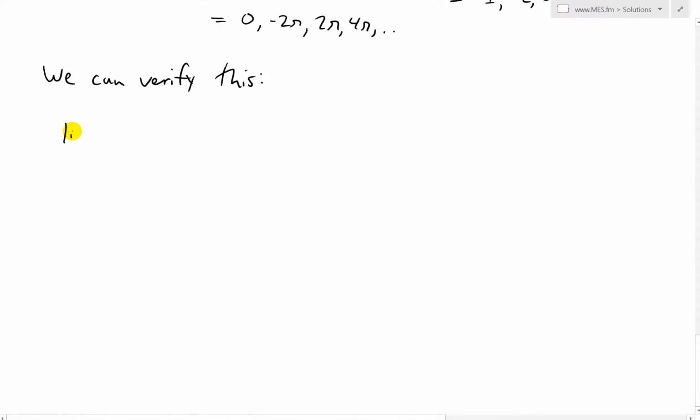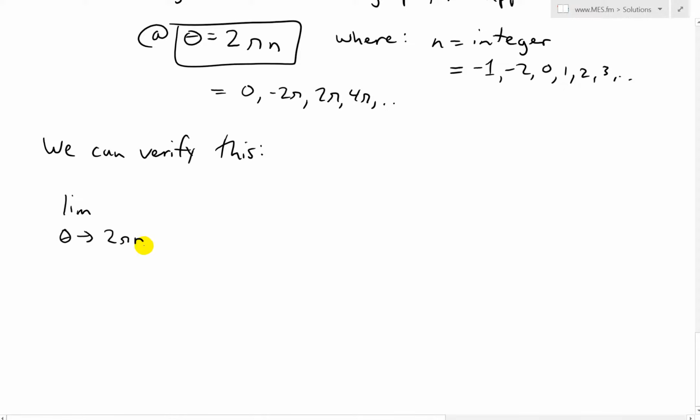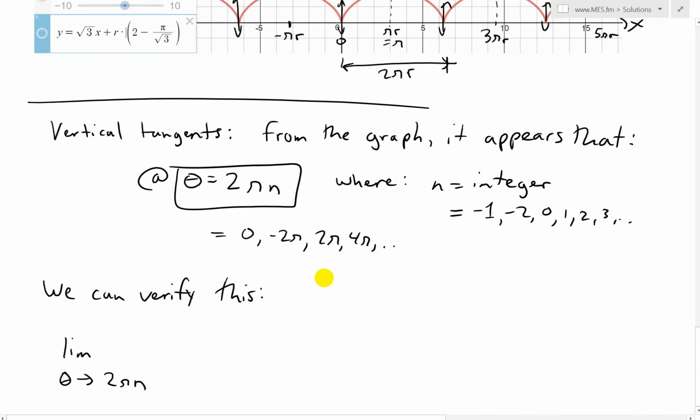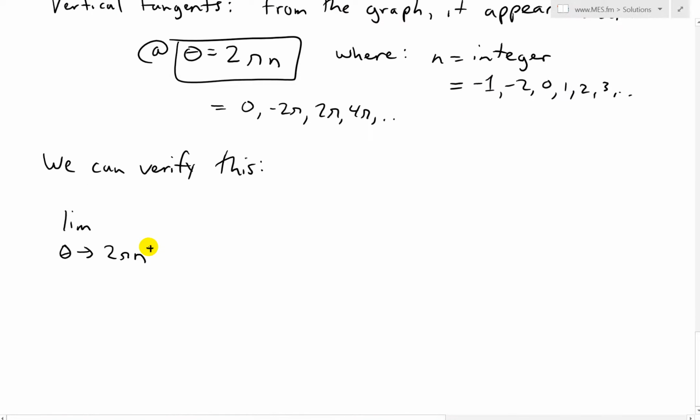To do that, we could write the limit as theta approaches 2 n pi, or 2 pi n. Since we're approaching from different sides, let's go from the right side, so we approach it from this side, like that. From the positive side we might get a different answer.